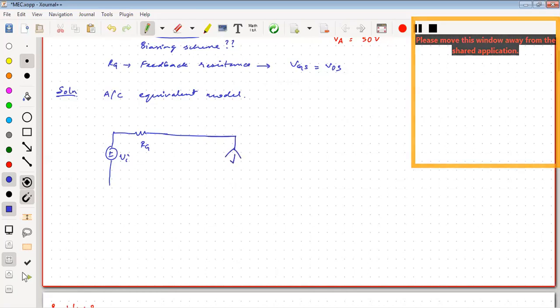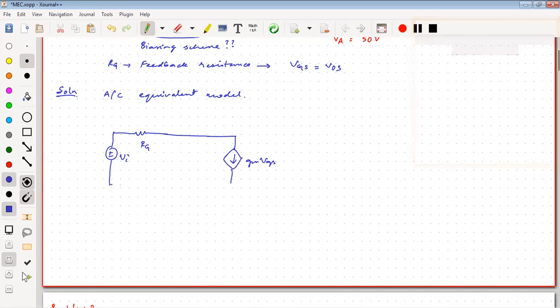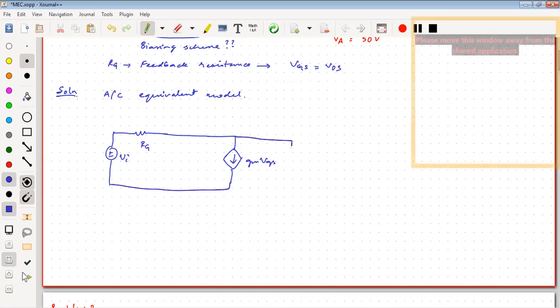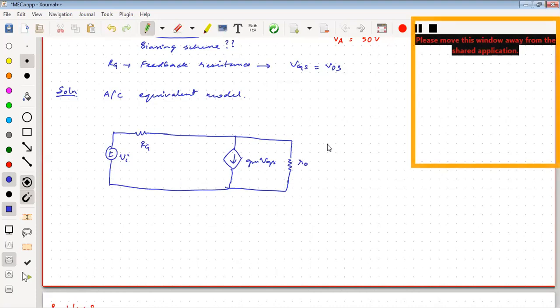Here you have your dependent source, gm into VGS, then you have ro here, then RD and RL.